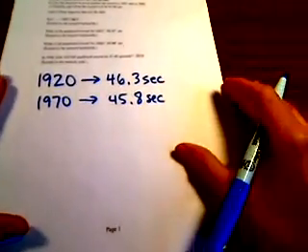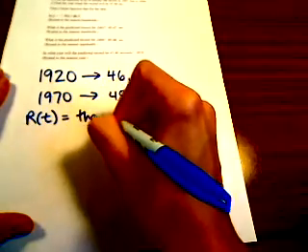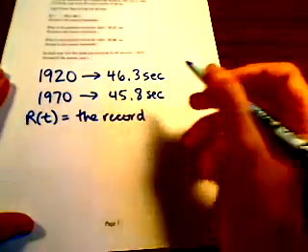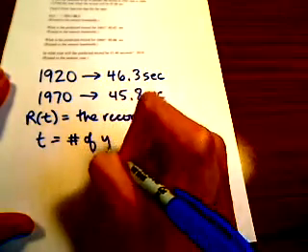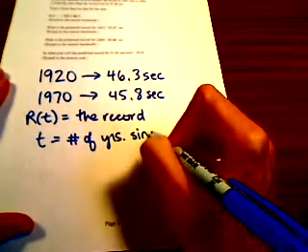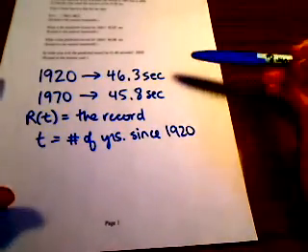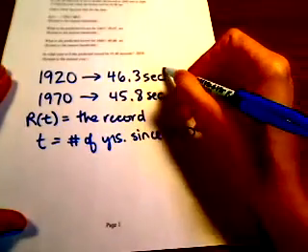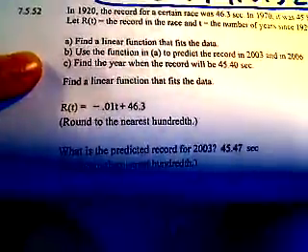And they want us to let R of t be the record in the race, and let t be the number of years since 1920. I guess I didn't mention what they were asking us for. It's actually A, B, and C here, and let's work on A.